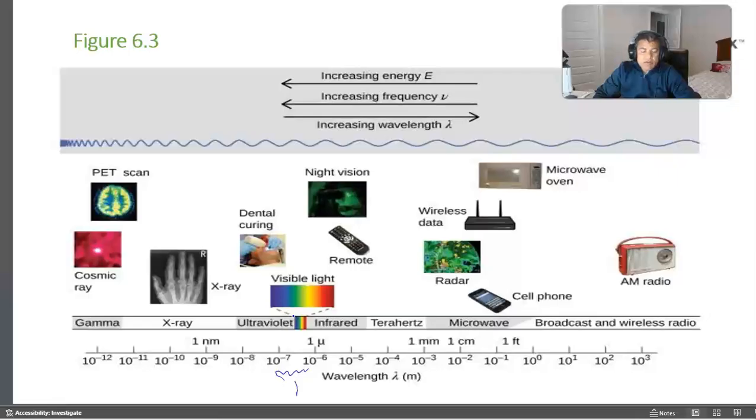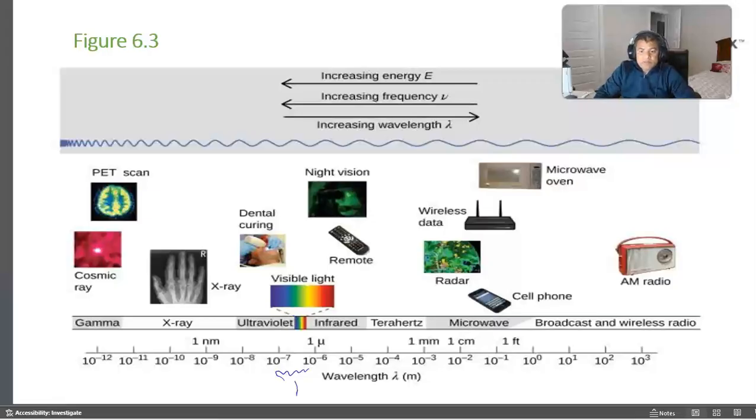Ultraviolet is about 1 nanometer, and the visible light is about 300 to 700 nanometer. And X-ray has even smaller wavelength, 10 to the power minus 10 meter. Gamma rays is about 10 to the power minus 12.